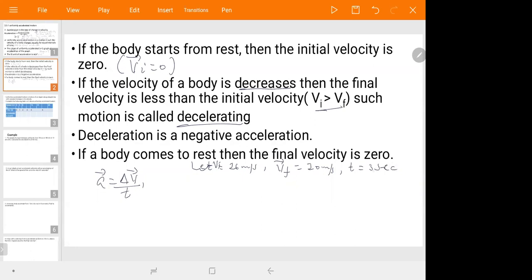If you see this, it becomes a negative acceleration.